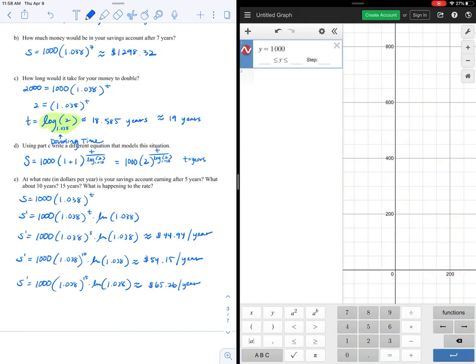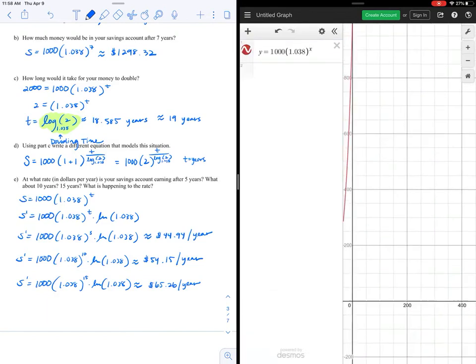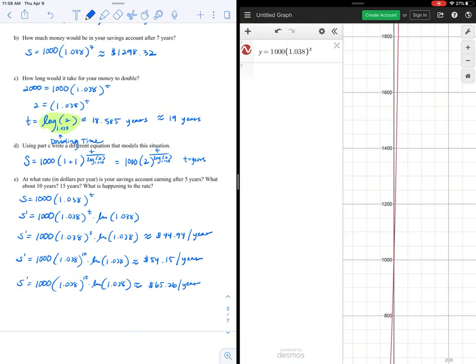I'm probably going to have to zoom out a lot. 1,000 times 1.038 to the x power. There it is.